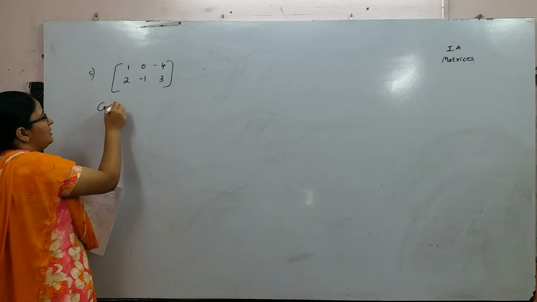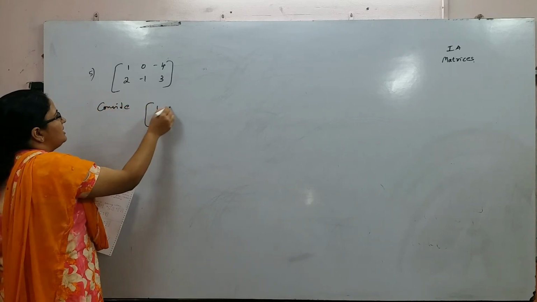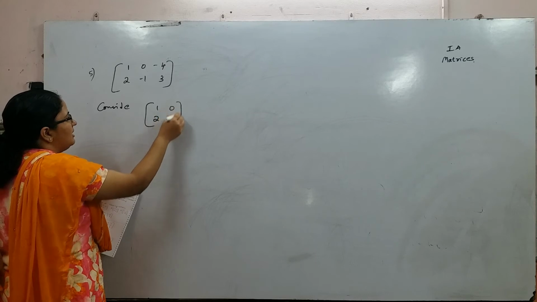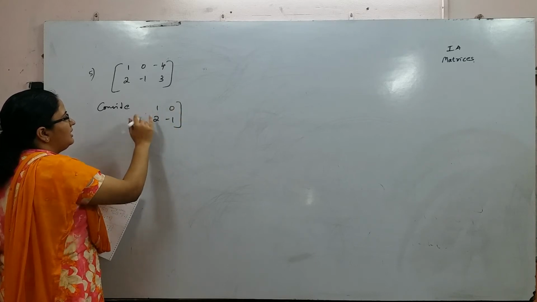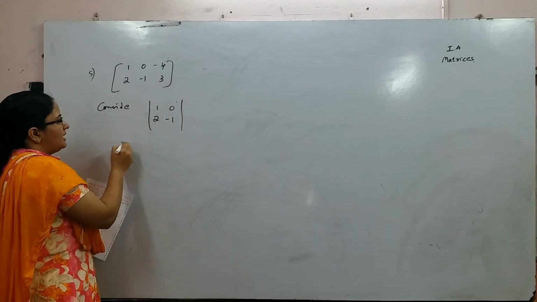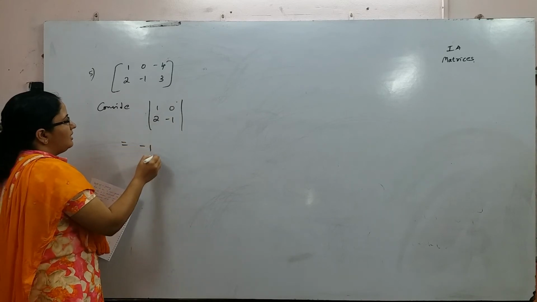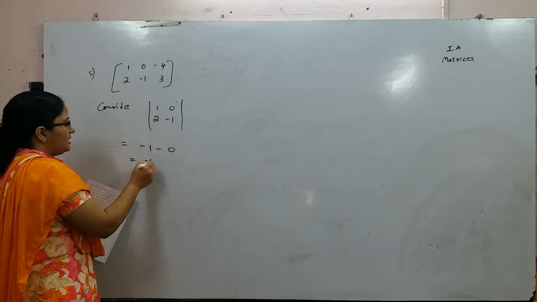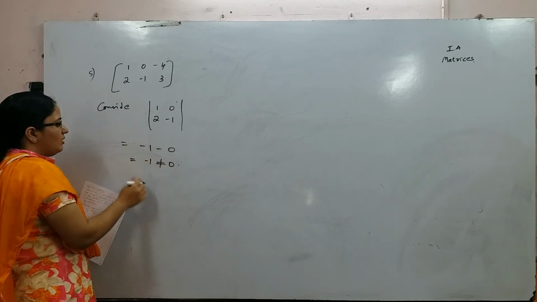Consider the determinant of 1 0 2 minus 1, that is equal to minus 1 minus 0, which is minus 1, not equal to 0.